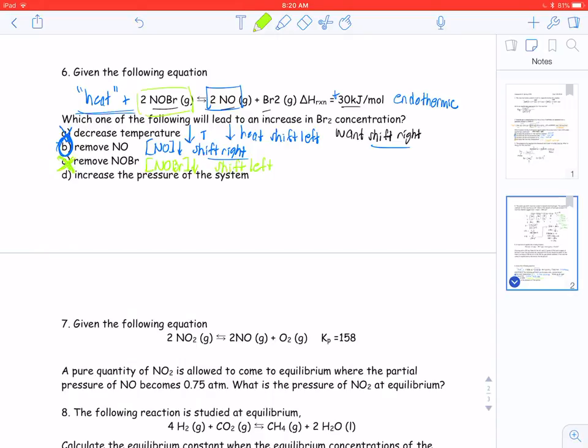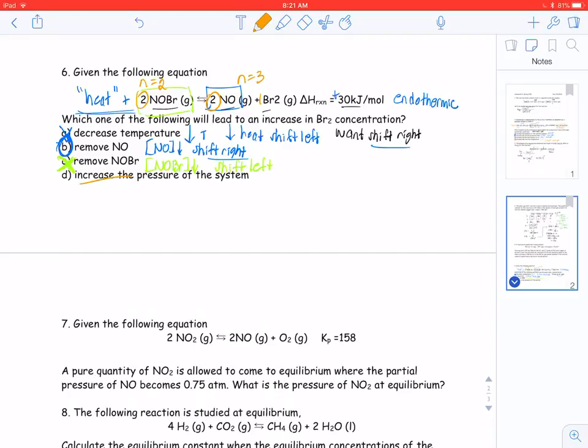What if we increase the pressure of the system? If we increase the pressure of the system, what happens? Well, we need to consider the coefficients of gases on each side of the chemical equation. So the total number of moles of gas is 2 on the left. There's a 1 here. 2 plus 1 is 3. There's a total of 3 moles of gas on the right of this chemical equilibrium.